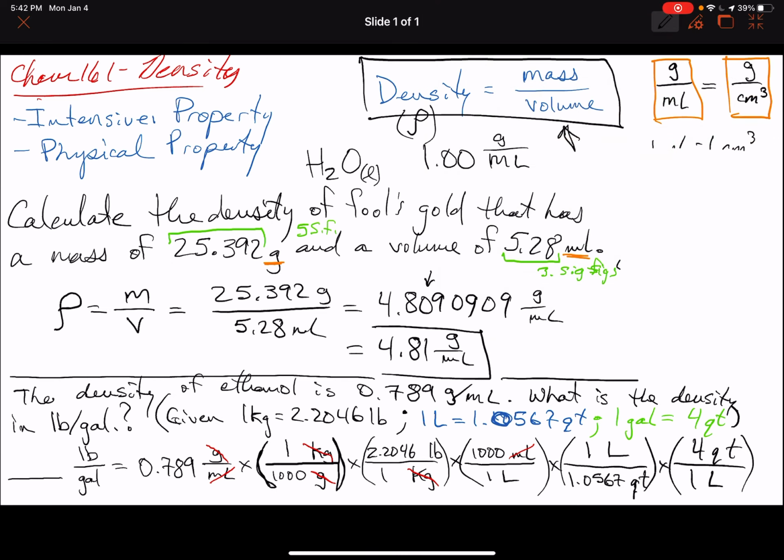And punching away there, you should find that you get to an answer that is roughly had by doing 0.789 times 1 divided by 1,000. That's the first one.